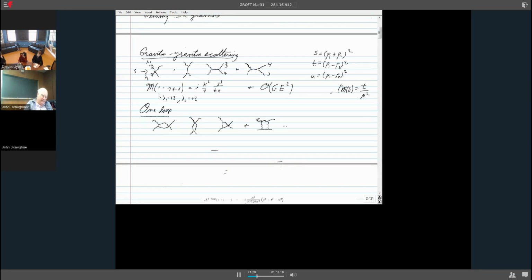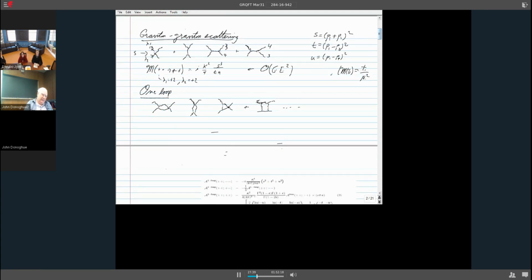But then pole diagrams, you could have things that go like this. I don't know. It starts, and then there's box diagrams. Remember, I showed you the box diagram, how painful that is. So there's an enormous number of diagrams involved here.